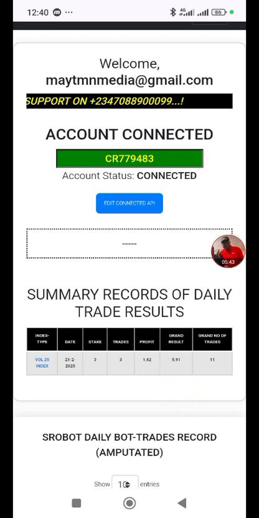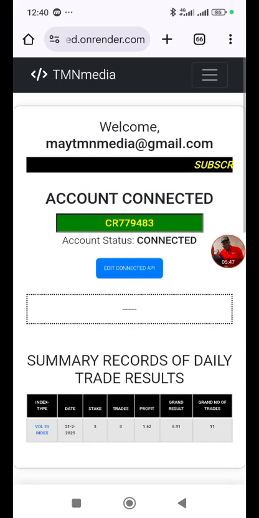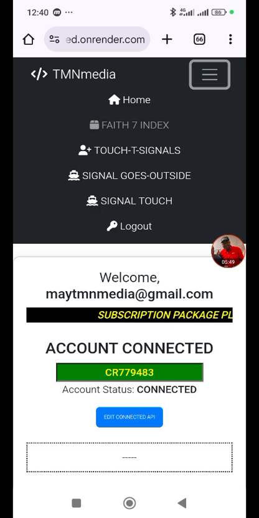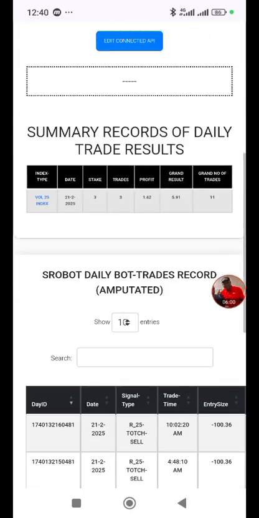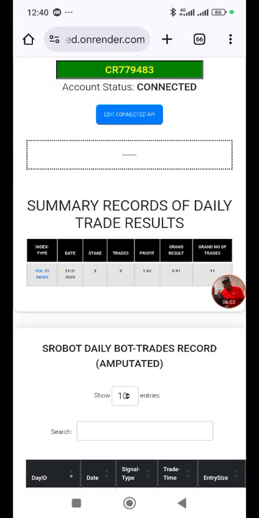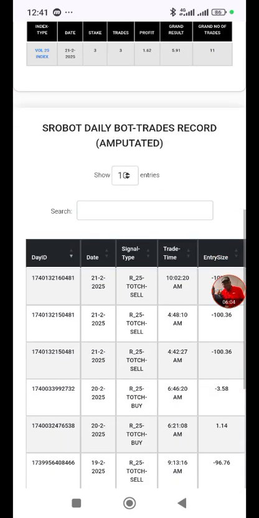Now, this robot is trading signals from, let me try and show you again. You see the one that has signal TT, this touch signal that I showed you, that just had two indices, 25 and 75. This robot is trading only volatility 25, the buy and sell.